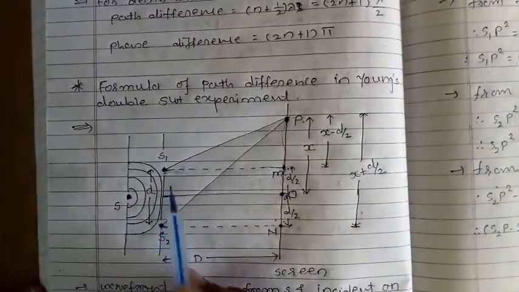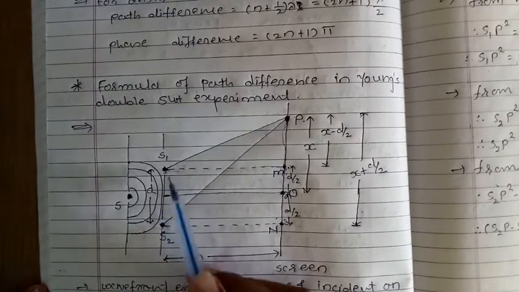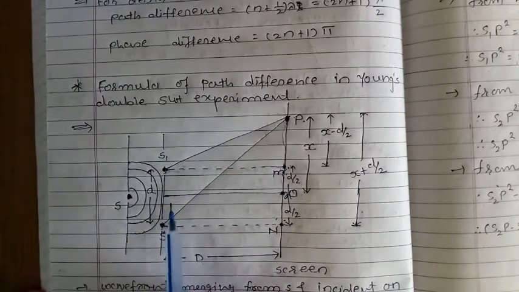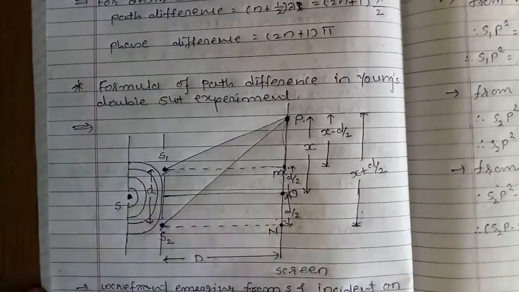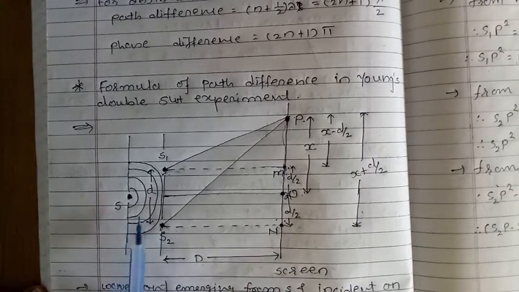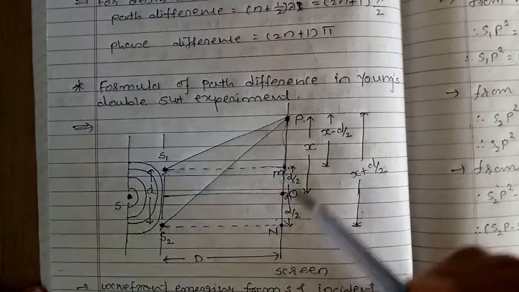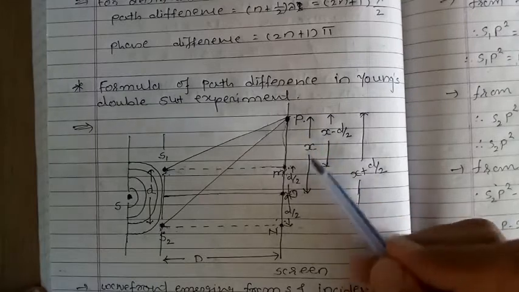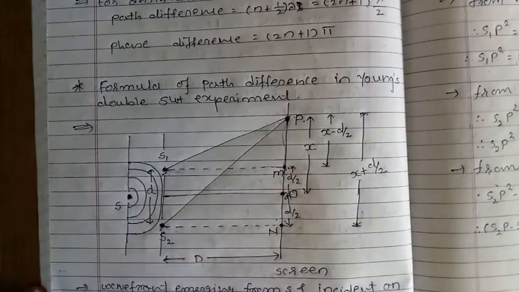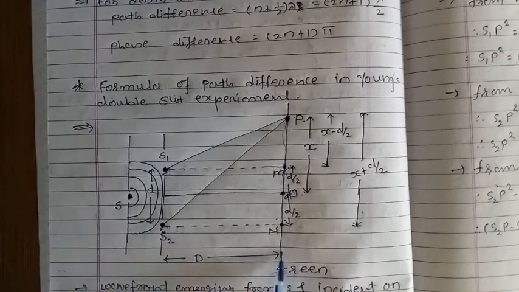Again I repeat, you have to remember that the distance between the two slits, S1 and S2, is always in millimeter, so the value of small d is very less. Here the distance between O and P, this x, is very small as compared to the distance between the slits and the screen.